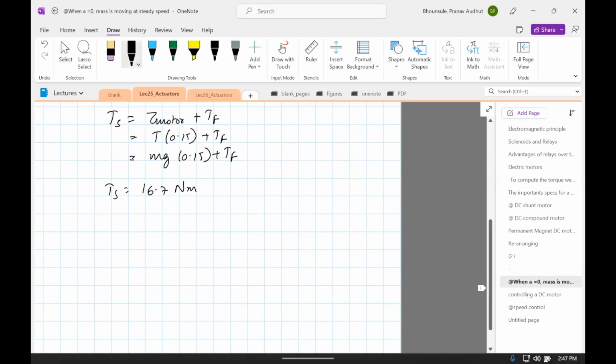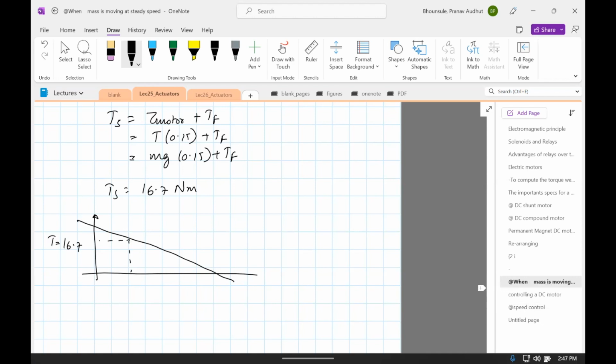So we're going to exploit the fact that there's some torque, which is this.